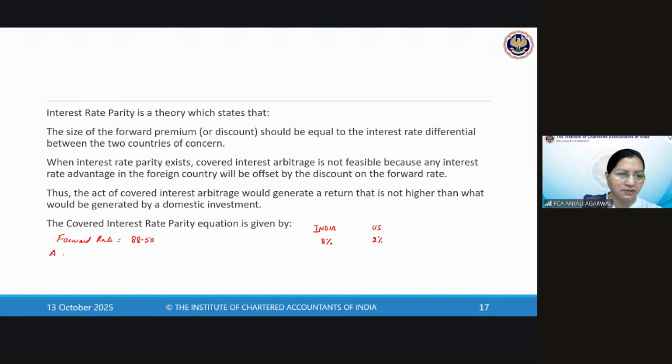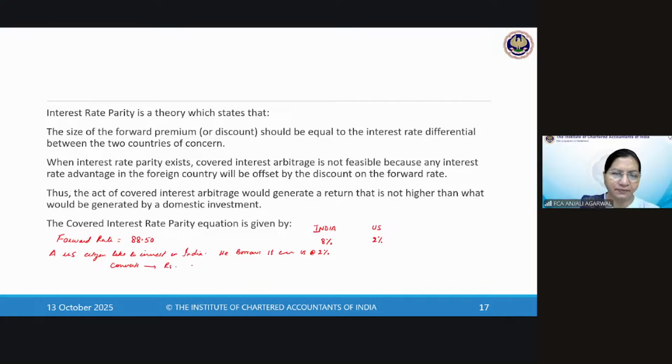A US citizen will feel like investing in India. So what does he do? He borrows $1 in the US at 2%, converts into rupee.